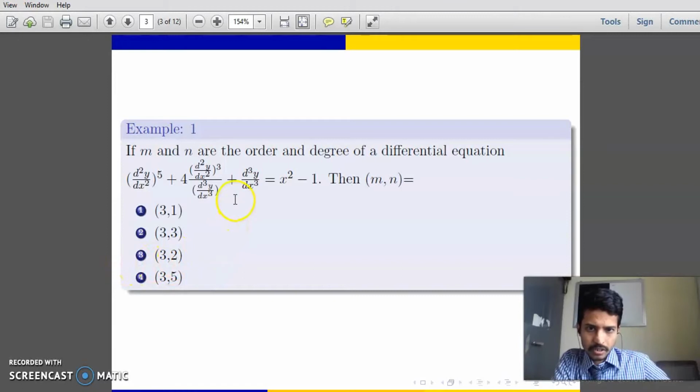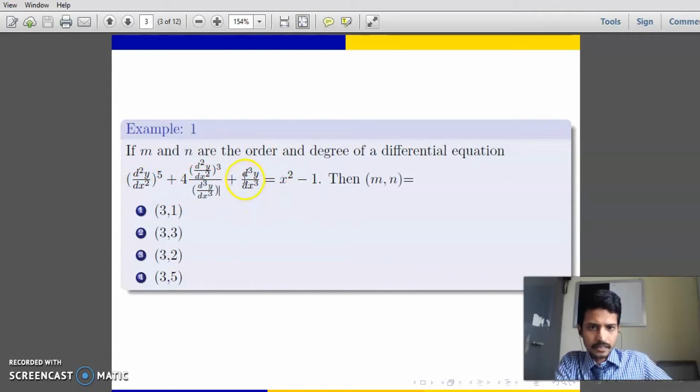Now the question is degree. According to the definition of degree, it is the degree of the highest derivative occurring in the differential equation. But unfortunately, there is one more derivative in the denominator. I will multiply this to both the left hand side as well as the right hand side.